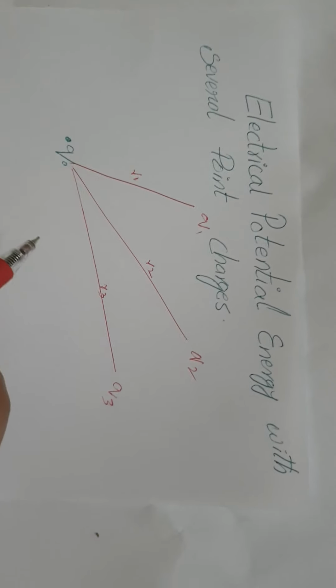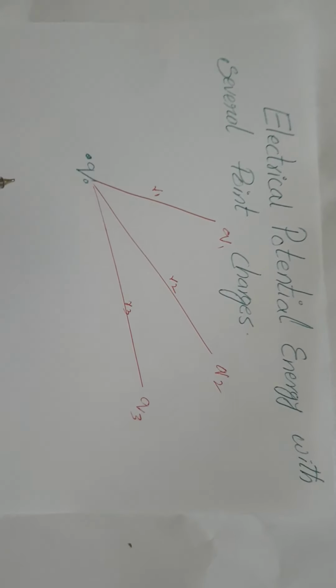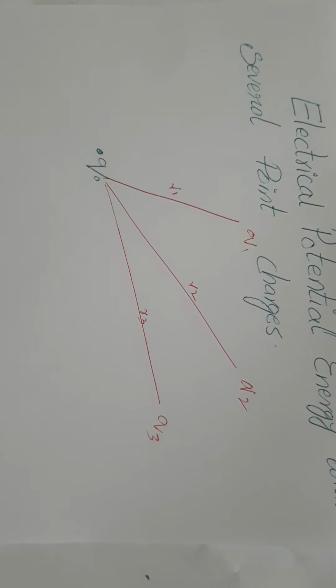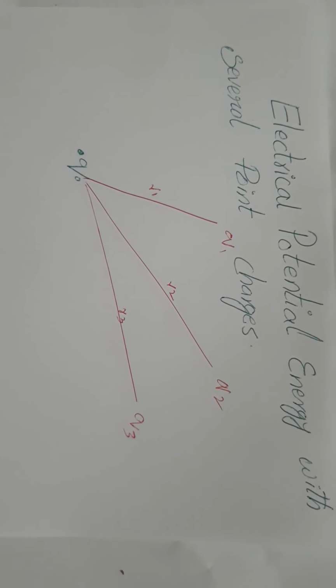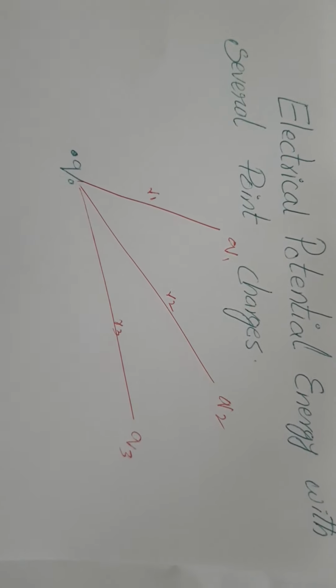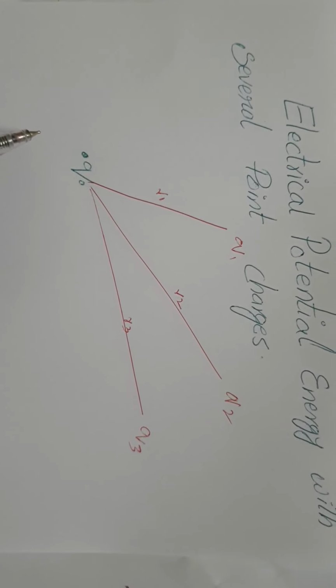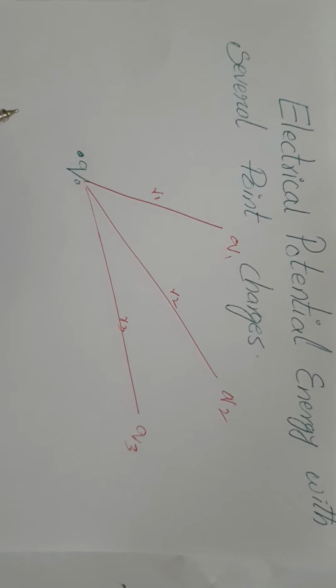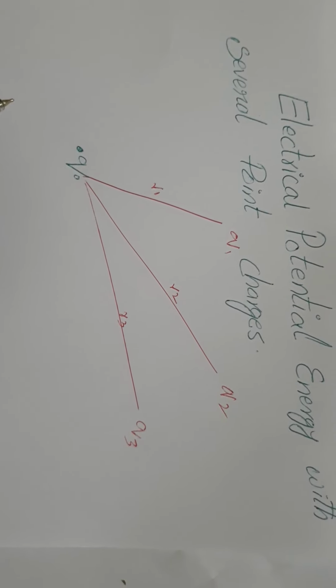The total field at each point is the vector sum of the fields due to each individual charge, and the total work done on Q naught during any displacement is the sum of the contributions from individual charges.